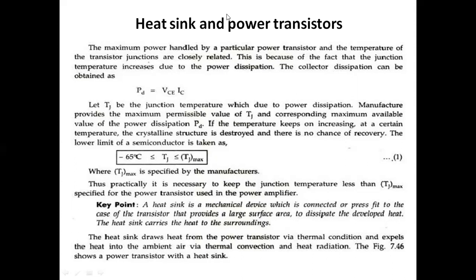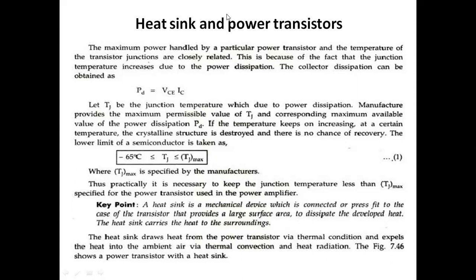Let us consider Tj to be the junction temperature due to the power dissipation. The manufacturer provides the maximum permissible value of Tj and the corresponding maximum available value of power dissipation.